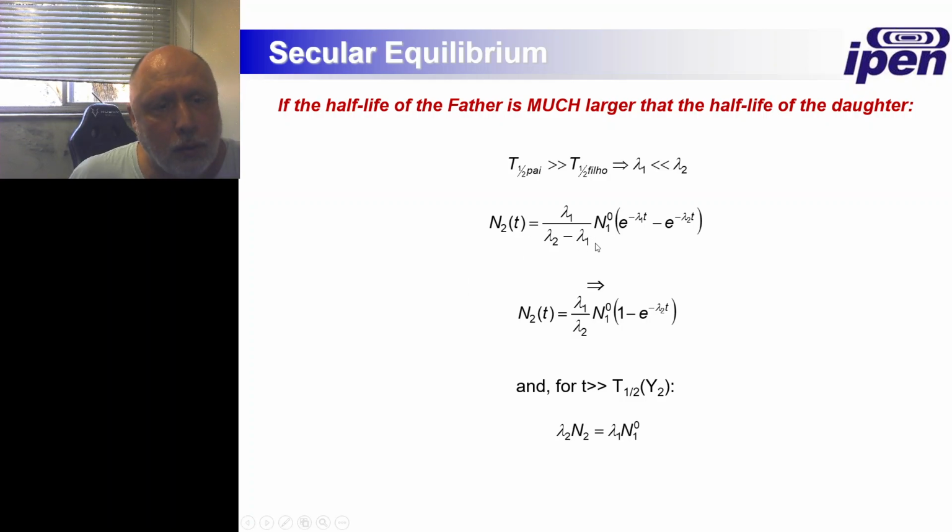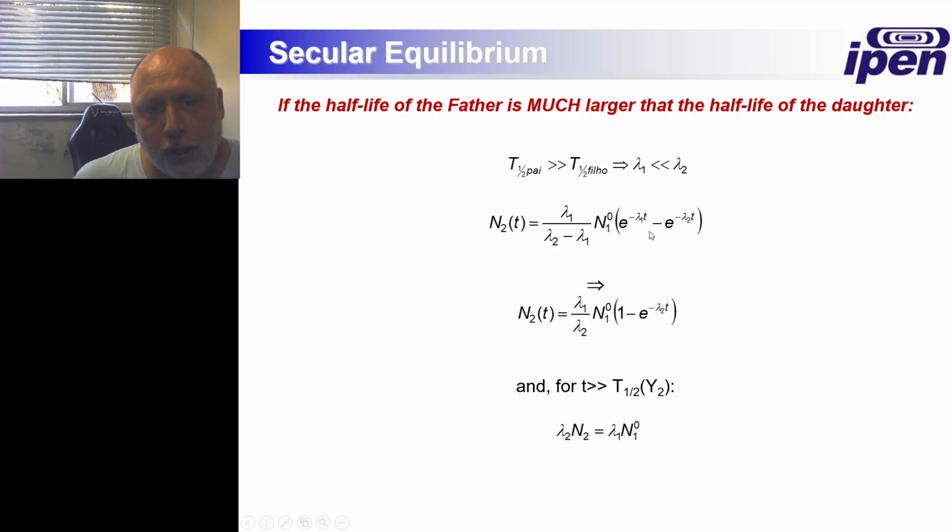So here we can take this and say it's only lambda 2. This term disappears and we are left down here with only the decay constant of the daughter, because, as I told you, 1 million minus 1 is approximately 1 million. And this term here that has to do with the decays, usually in this case the half-life of the father is also much, much larger than the time of our measurements.